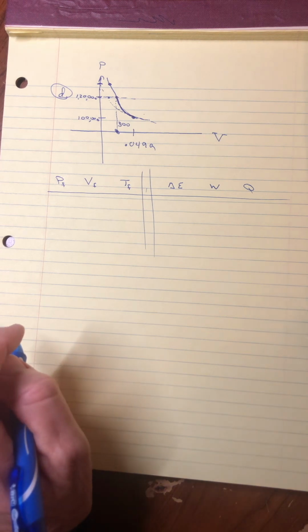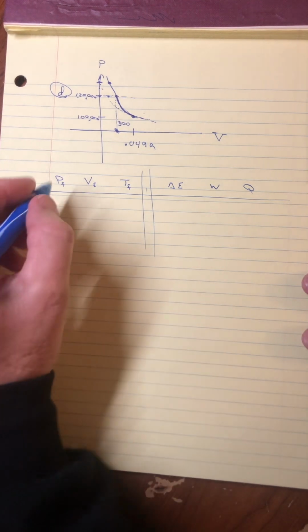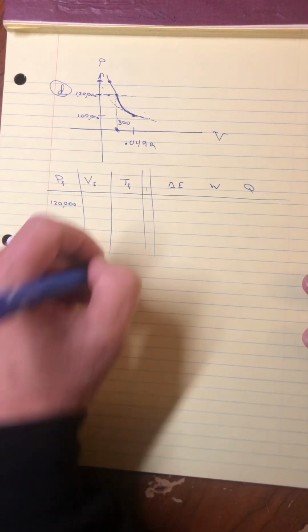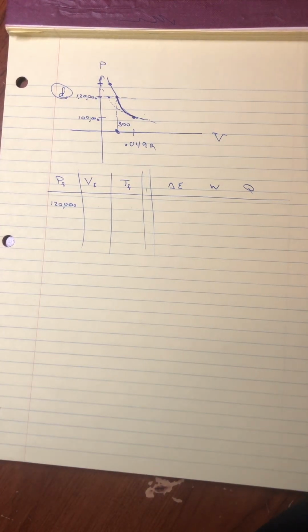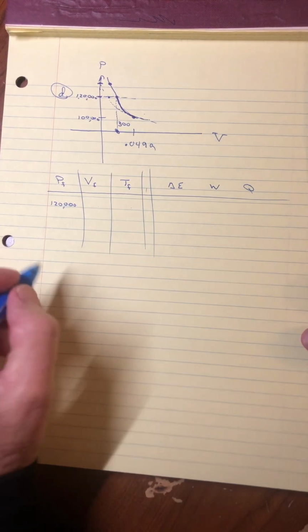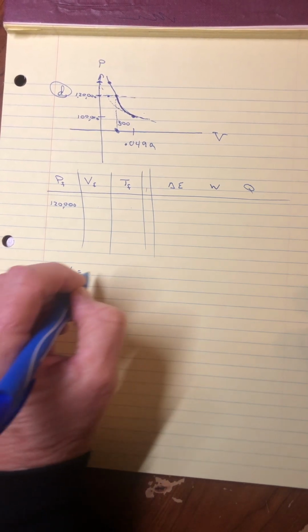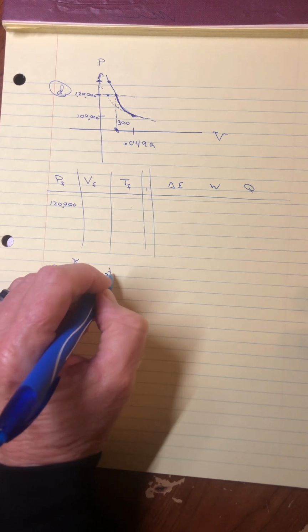All right, so on this one, we know its final pressure. We do not know its volume or its final temperature. But the adiabatic process is PV to the gamma equals constant.